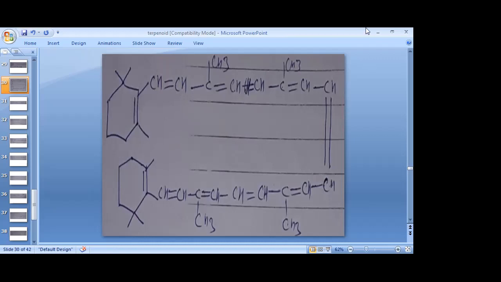In this way, beta carotene is a terpenoid because it follows the isoprene rule. And the second important thing is that there are two cyclohexene rings.